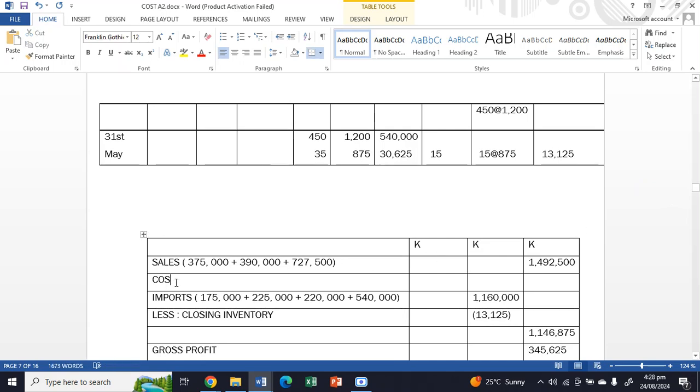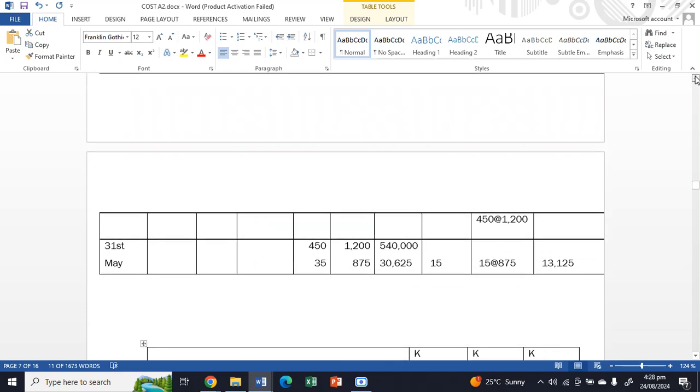We now tabulate our cost of goods sold. Remember, cost of goods sold is total cost of goods available for sale minus the closing inventory. The way you get your total cost of goods available for sale, you add your purchases and opening inventory. Now here we don't have any opening inventory, so we just get the total value of the purchases. So these amounts I've put in here are these amounts on the purchases section.